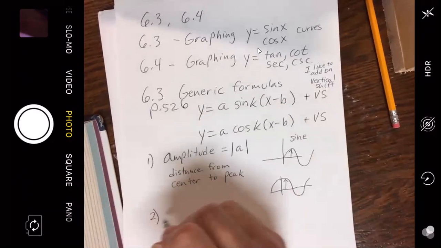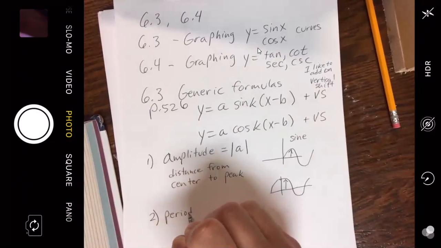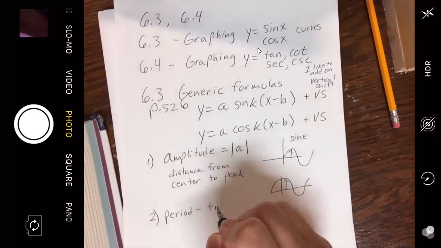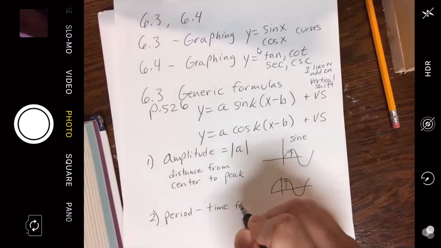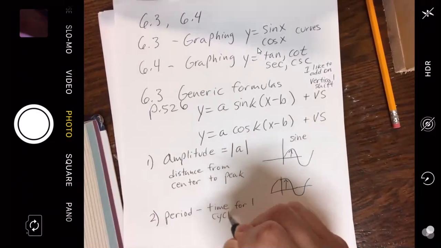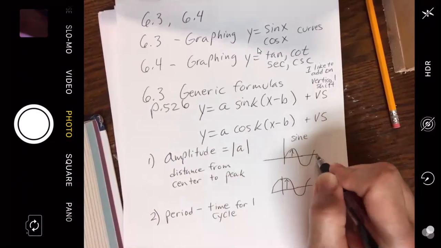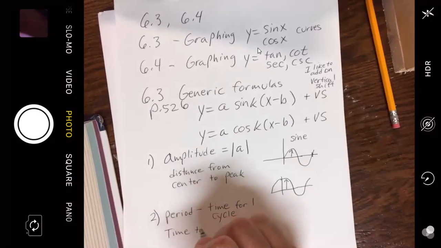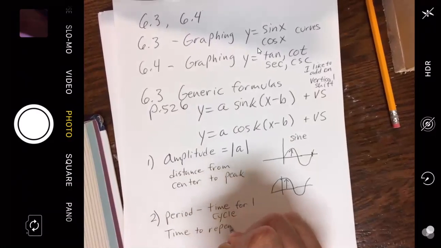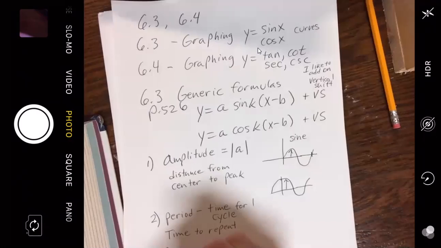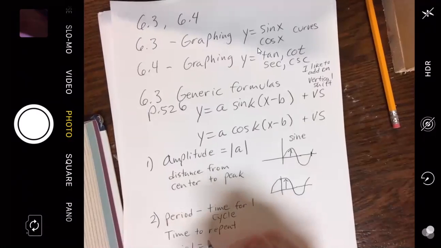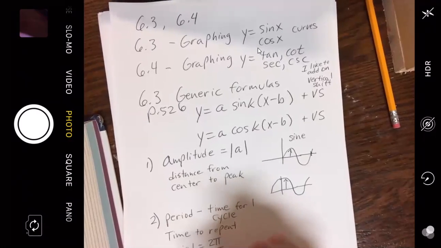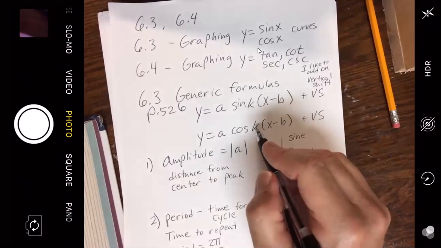Second thing they want is called period, and it is the time for one cycle, or the time to repeat. And period, no great symbol for it, is 2 pi divided by this k, generically here.